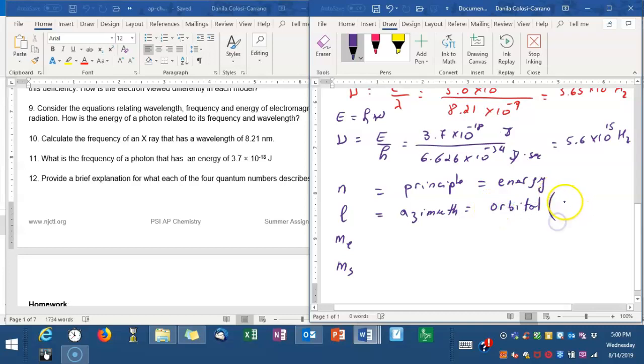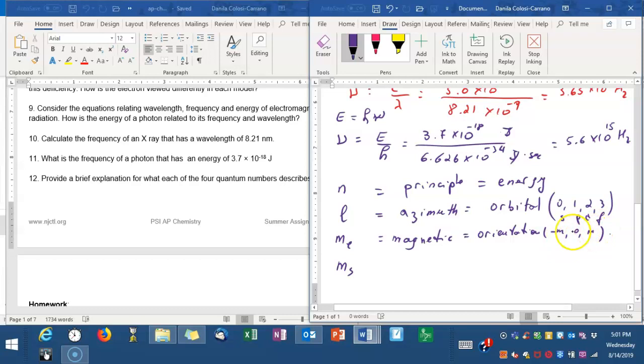This one can be 0, 1, 2, or 3, which means S, P, D, and F. ML is the magnetic quantum number, that's why you have the M there, which is the same as the orientation. This one can be anything between minus L, 0, and L.